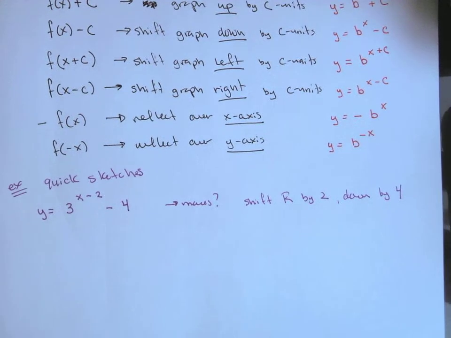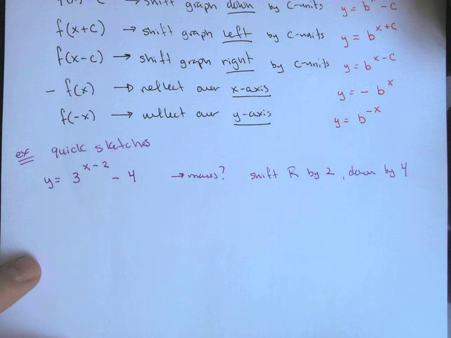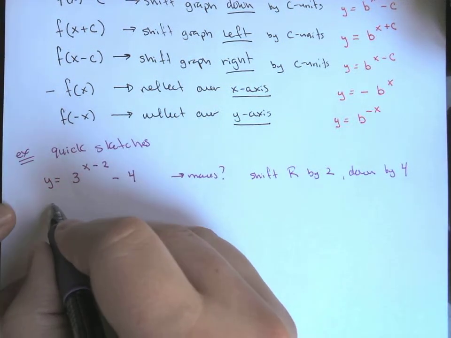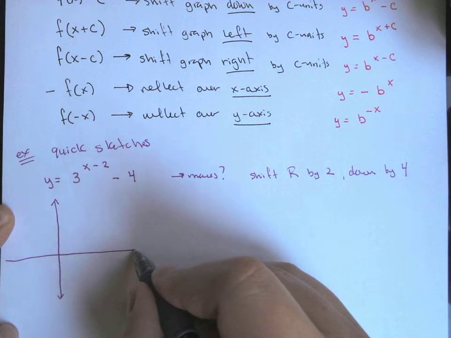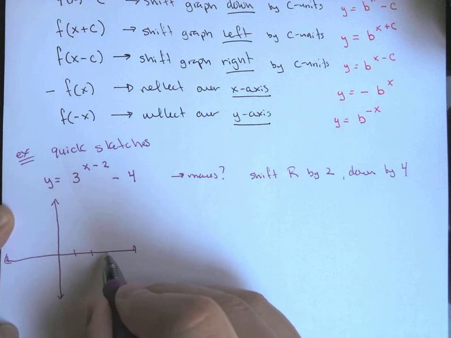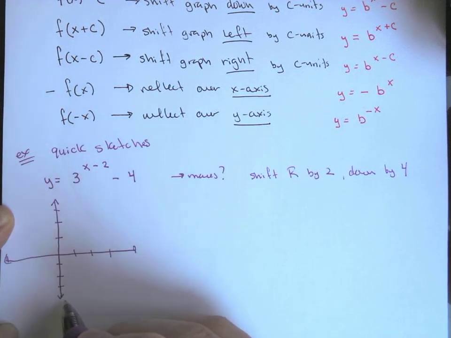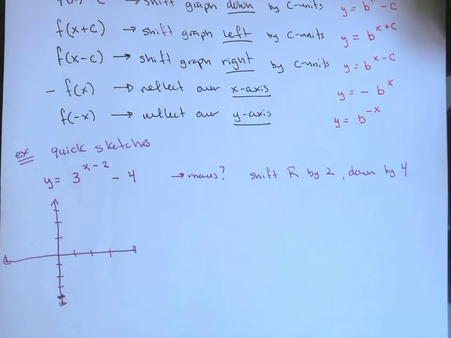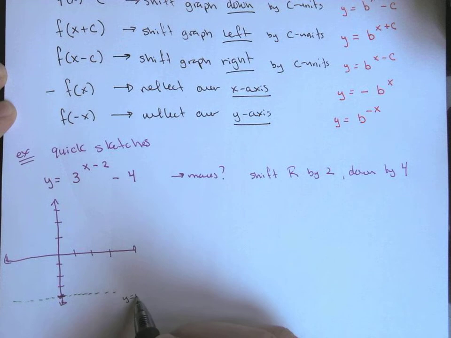So if I made a quick sketch, again, not being so particular about all these things, what's this going to look like? Part of this, if I'm shifting down by 4, that means my horizontal asymptote is going to happen at y equals negative 4.